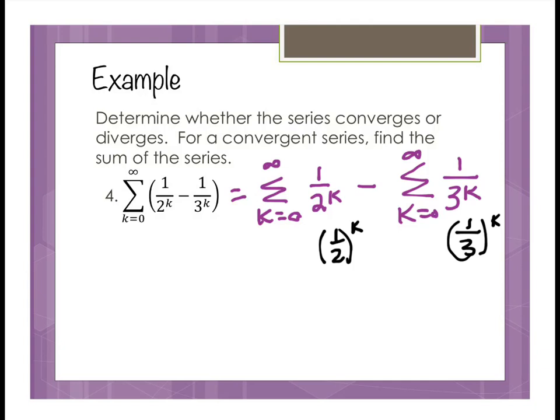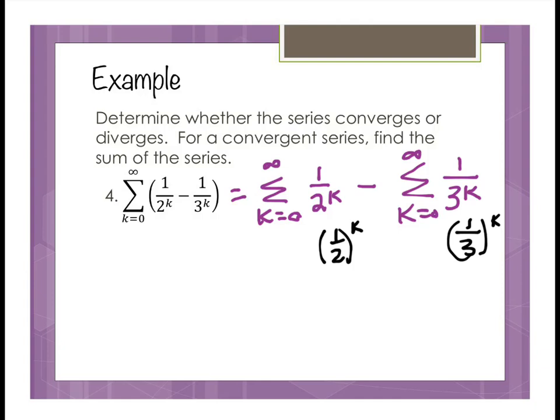So we're going to find whether each of these individually converges or diverges, and then go from there. The first question you have to ask yourself is, do these converge? Here, I see like 3 nods. They do converge. Why does the first piece, 1 over 2 raised to the k, converge? The r value is less than 1.